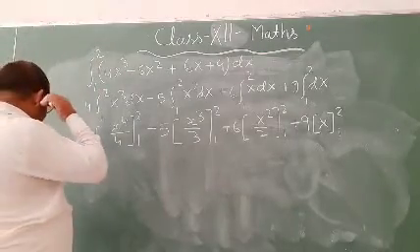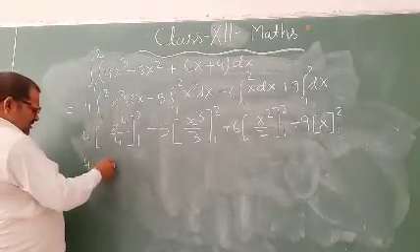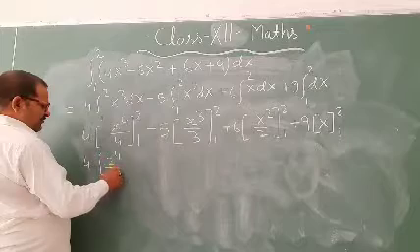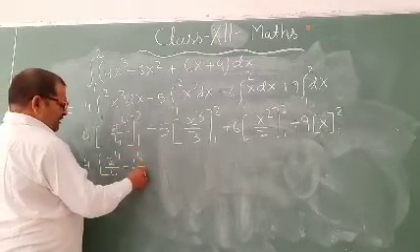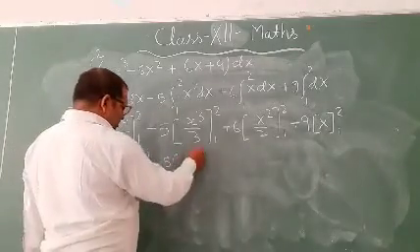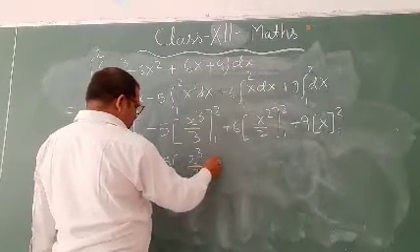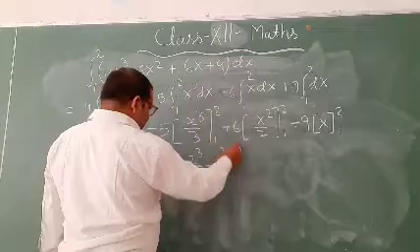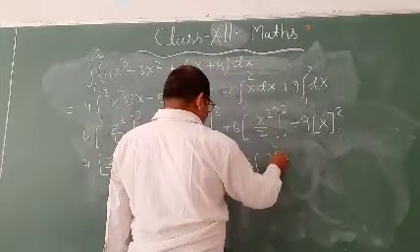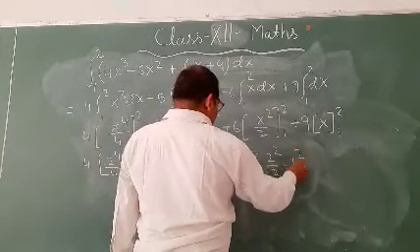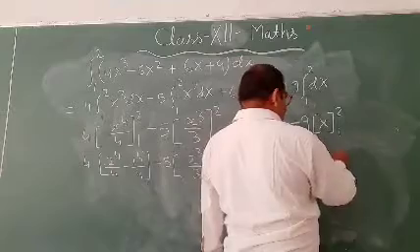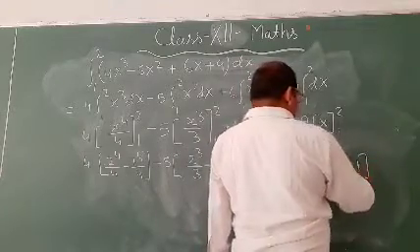So therefore 4 times (2 power 4 by 4 minus 1 power 4 by 4) minus 5 times (2 power 3 by 3 minus 1 power 3 by 3) plus 6 times (2 power 2 by 2 minus 1 power 2 by 2) plus 9 times (2 minus 1).